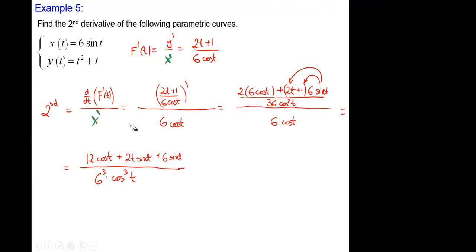Oh, we do have to, no, the common factors too, but okay, we can just leave it. But we can see that's my point, to differentiate the first derivative, dividing by the x prime.